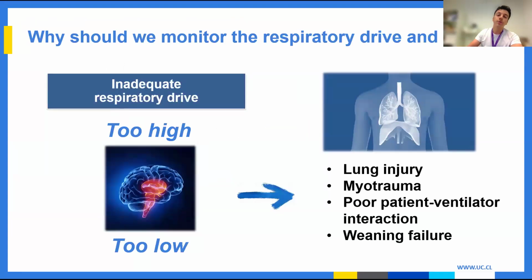So why should we monitor the respiratory drive and the effort in these kinds of patients? Well, because there is now huge evidence from animal, experimental and preclinical studies that an inadequate respiratory drive and effort, either too high or too low, can have different consequences on lung injury, myotrauma, or diaphragm dysfunction.